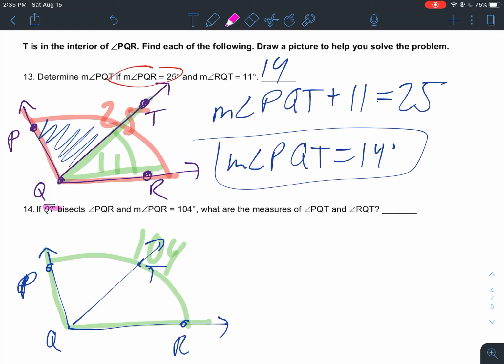But now we're being told that QT bisects it. QT cuts it in half. So that cuts that angle in half, which means these two are equal. So all we gotta do is take 104 and cut it in half, and both of these angles must be 52 degrees.